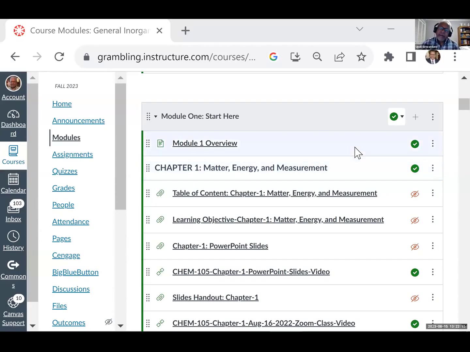You can read yourself, okay? Chapter 1 is covering the topics of matter, energy, and measurement. So there's a table of contents of chapter 1, learning objectives of chapter 1, and chapter 1 PowerPoint slides.